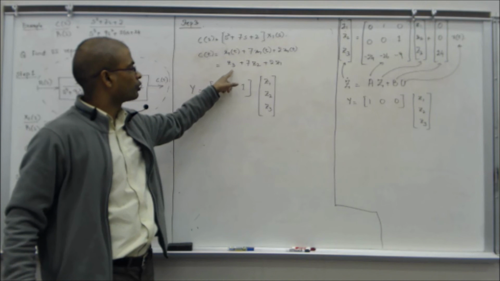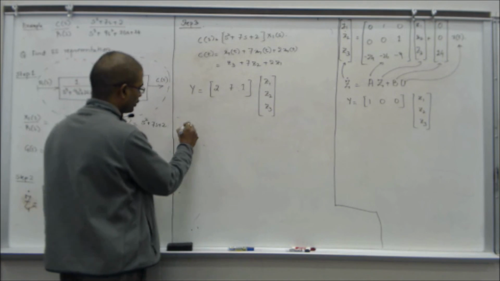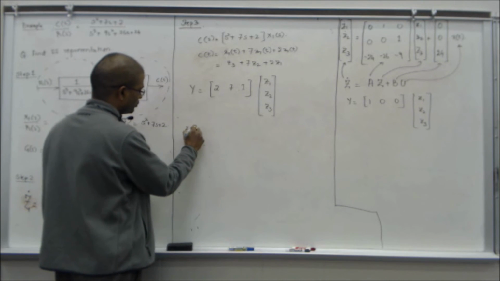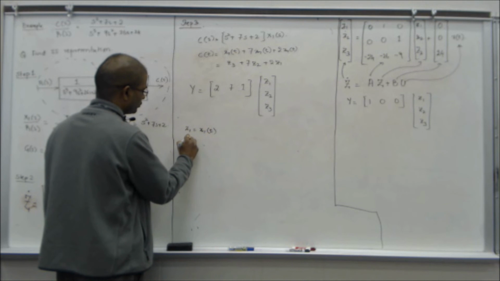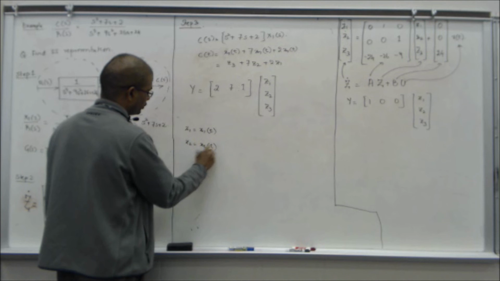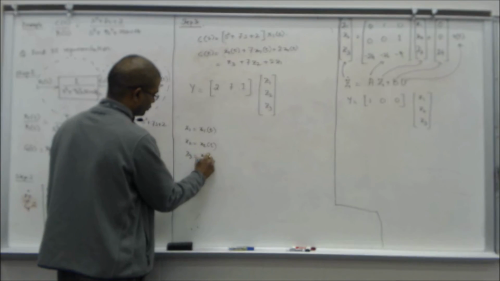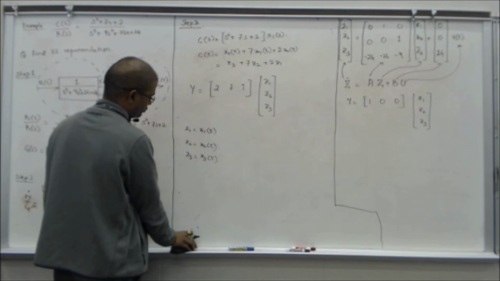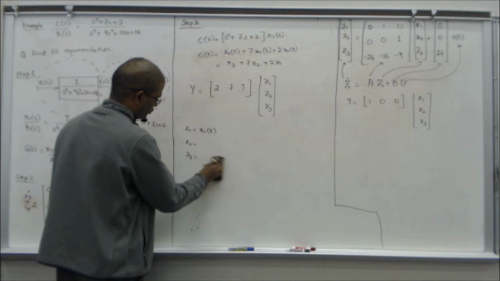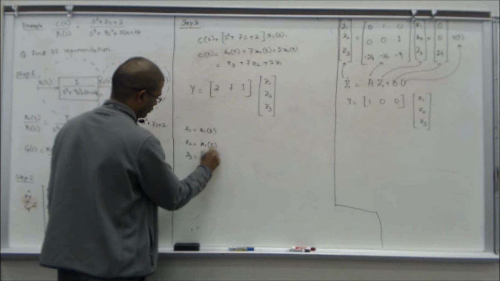You see the correlation. Remember the correlation. I shouldn't have erased this, but what did we say? Z1 was x1 of t, right? Z2 is x2 of t, and Z3 is x3 of t. Sorry, X1 dot of t.